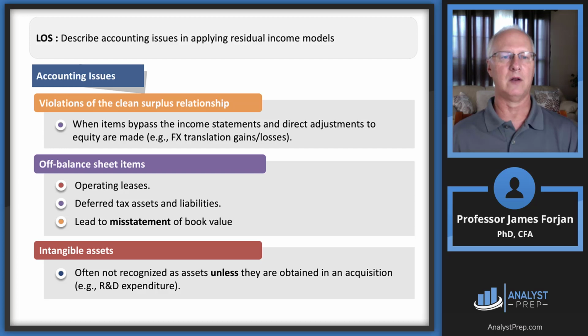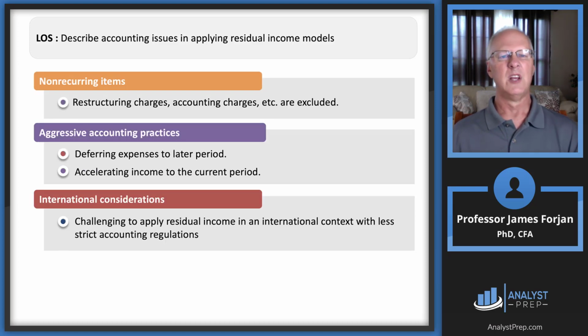And then what about off-balance sheet items? Leases and deferred taxes and misstatements of book value. Intangible assets always give us some kind of a problem. Non-recurring items, we mentioned that before. Aggressive accounting practices and international considerations.